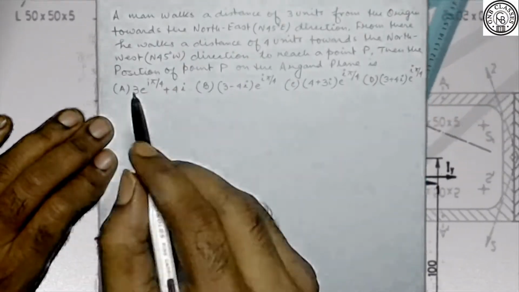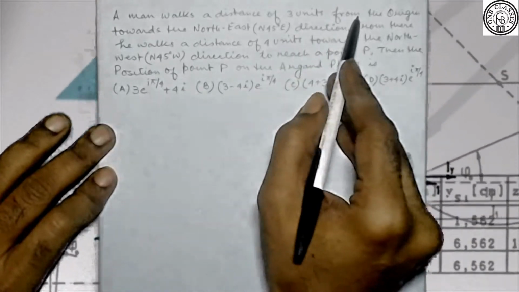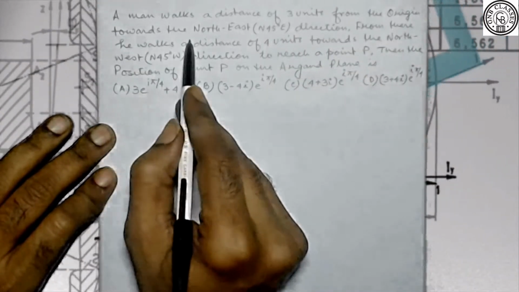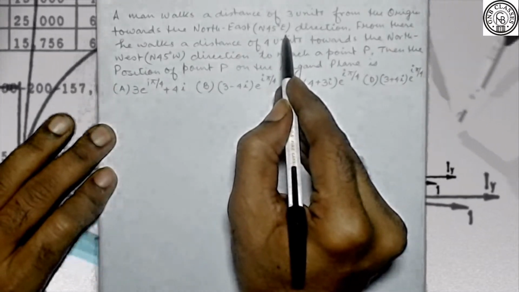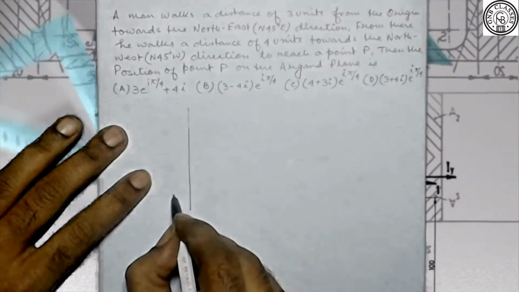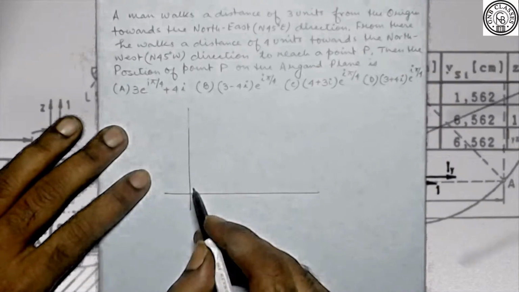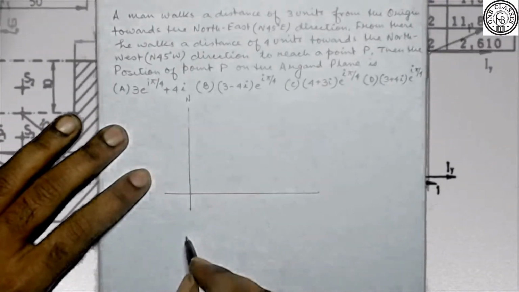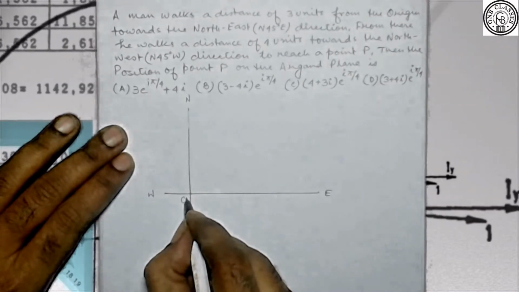See this problem. A man walks a distance of 3 units from the origin towards the northeast direction, north 45 degree east. Let me draw the diagram from the very beginning of the sum. So a man walks 3 units from the origin towards northeast. This is north, south, east and west. This is our origin.